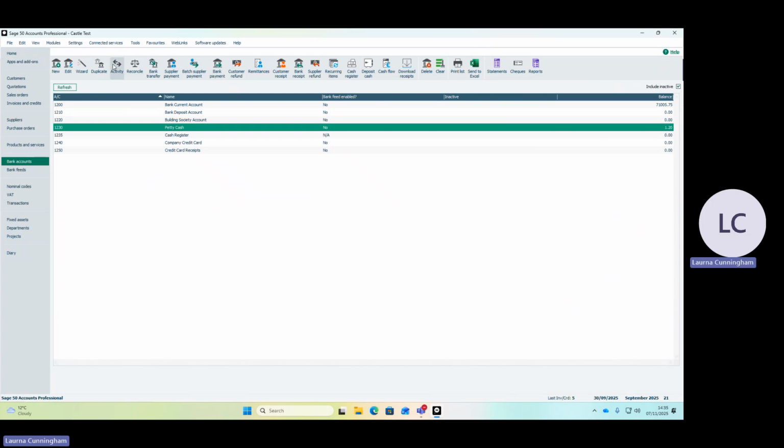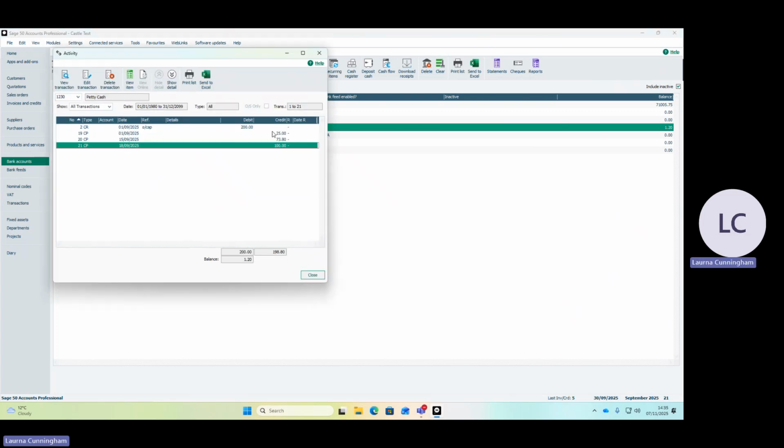But to confirm the amount, I click on the petty cash account and I go up to activity. And I see here, I started off with €200 in my account. I spent a couple of items during the course of the month. So in total, I spent 198.80. So I'm left with 1.20. So I need to move 198.80 from my current account to my petty cash account in order to bring the balance back up to 200.